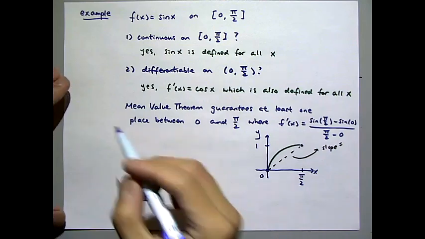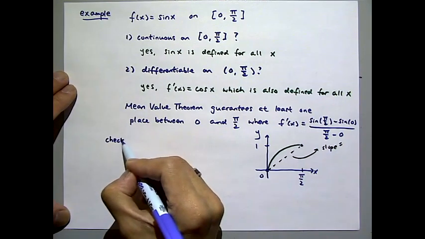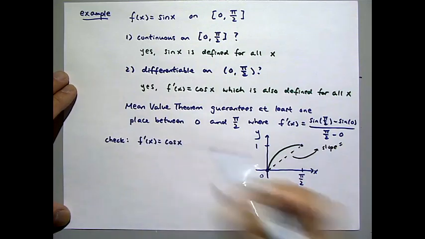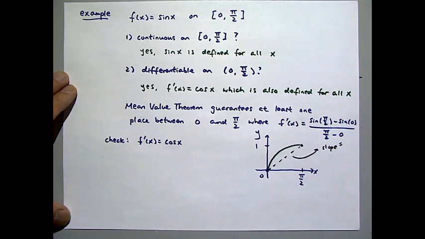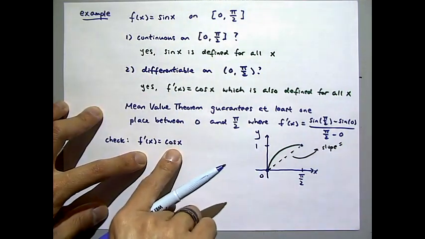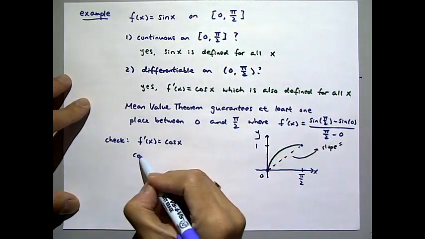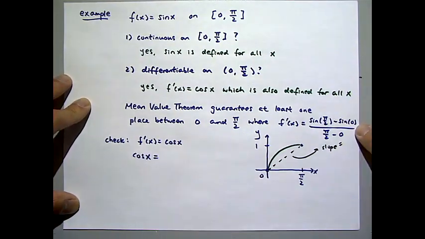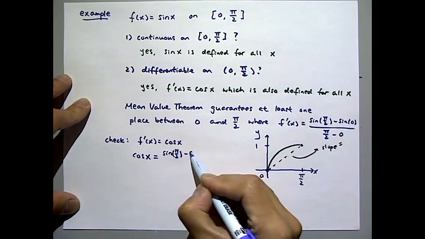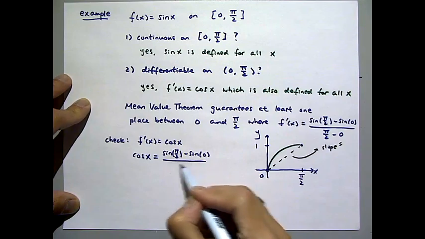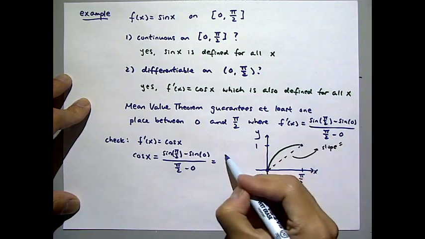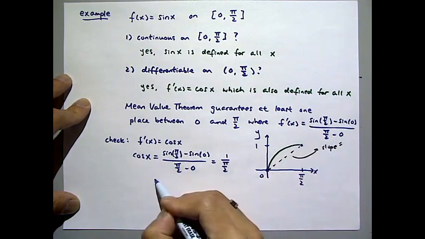Let's find out what it is. The derivative of the sine curve is cosine. And now we want cosine to be equal to this, and that turns out to be 1 over pi over 2, or 2 over pi.